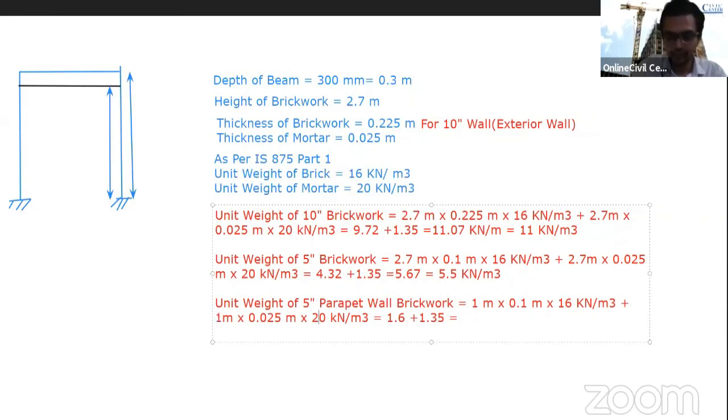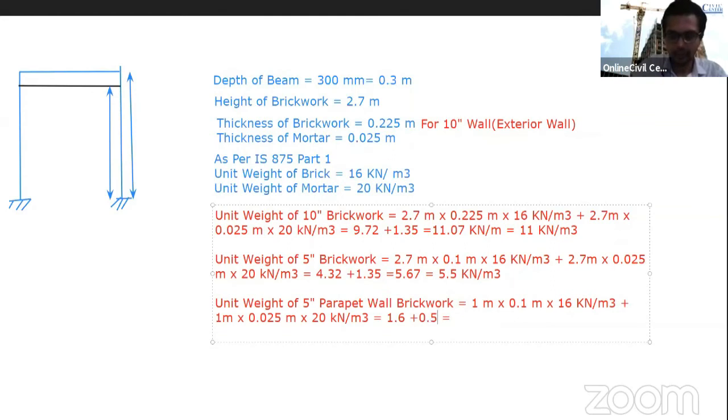So this will not be 1.35, it will be 1 into 0.025 into 20. So this particular value will be 0.5.